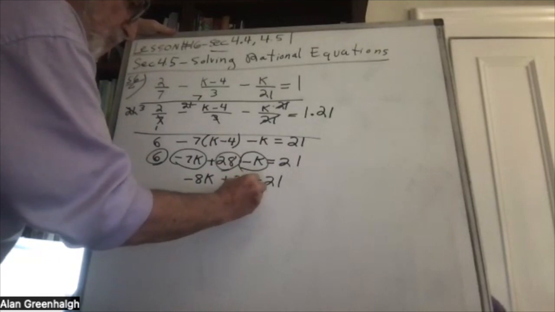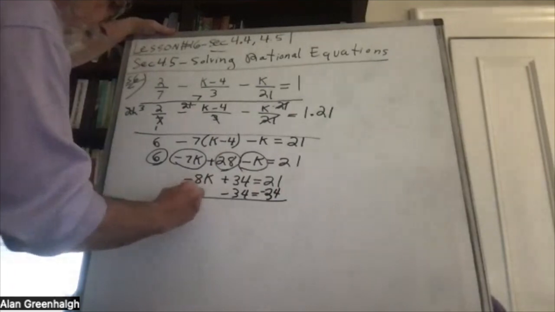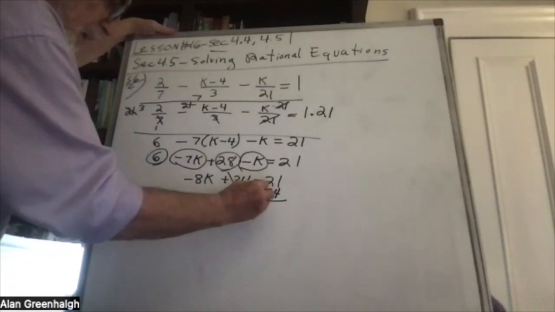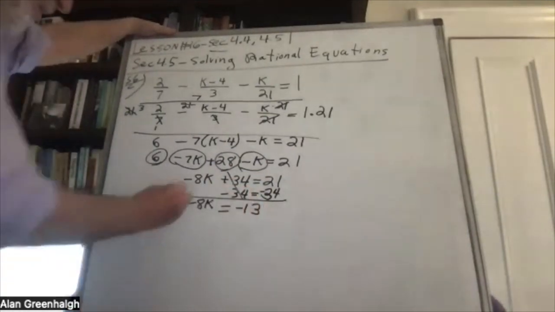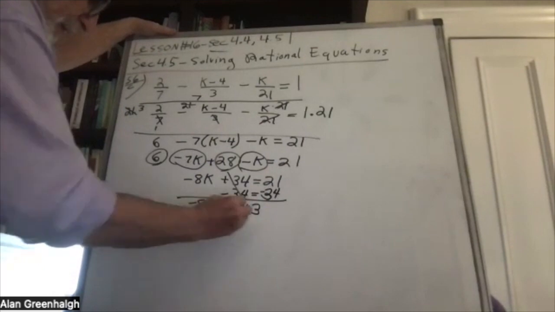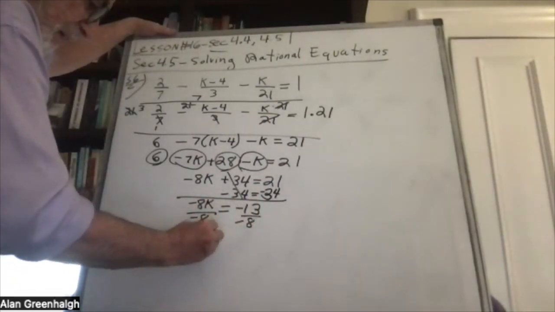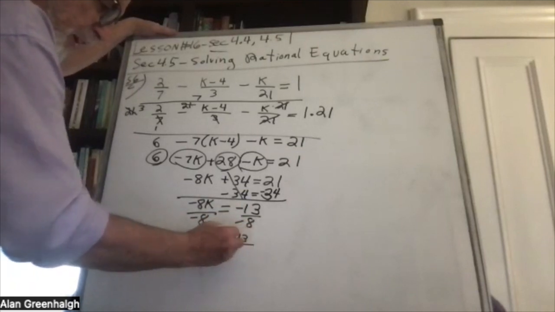Doesn't even come out to a whole number. Negative 8k equals negative 13. And k is equal to 13 over 8.